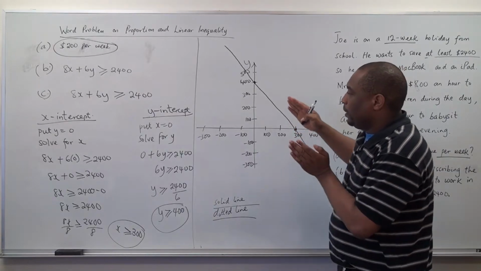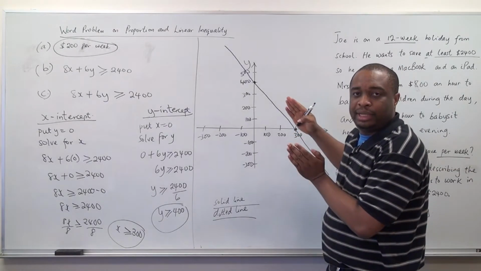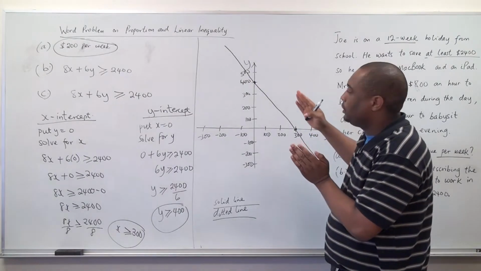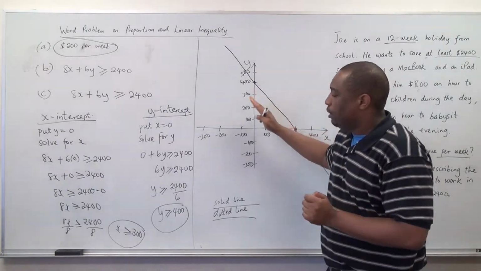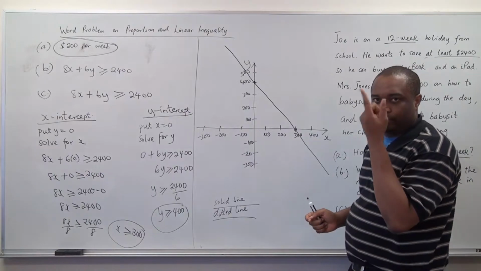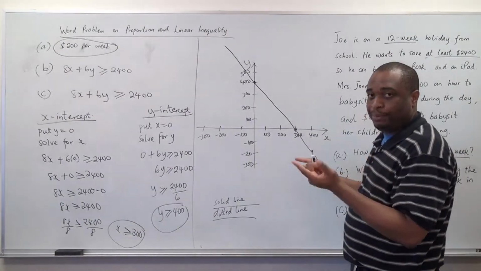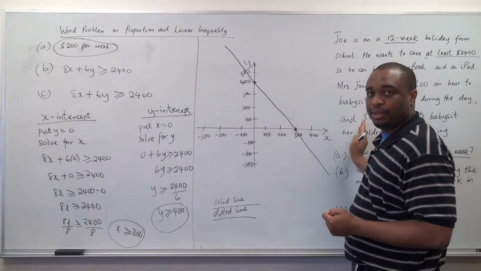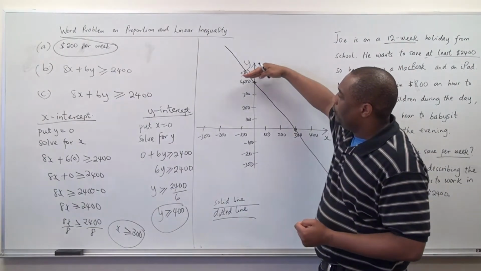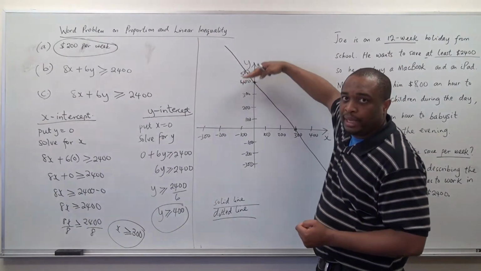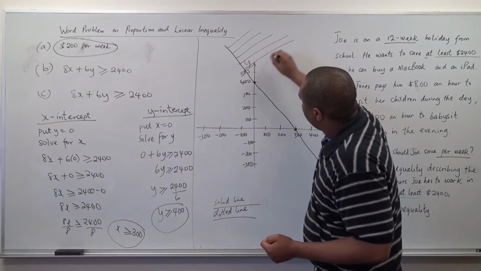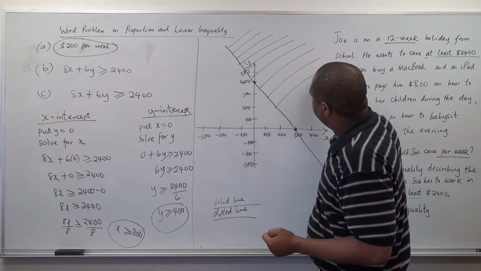Then, which direction should it be shaded? Should it be shaded this direction or this? Let me repeat: greater than or equal to 300 is to the right, and greater than or equal to 400 for the y is up. So I'll go ahead and shade this, and I shade this.